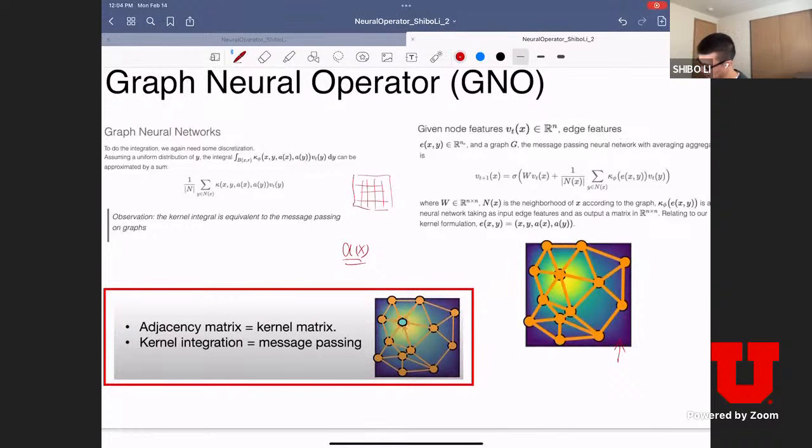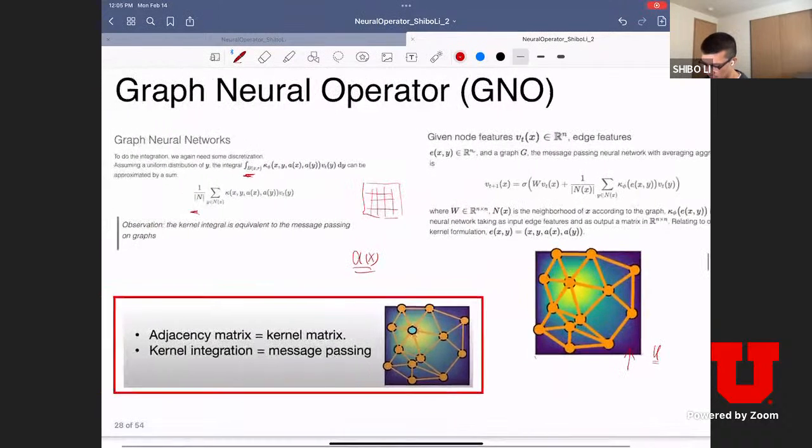You see in this picture, I think the blue picture is the solution of U. I suppose all the hidden layers have the same dimensions, and each of the hidden layers is a graph neural network. The key idea is that we need to restrict the range of searching node neighbors, and this integral can be approximated by the sum of this kernel operation, and V_t here is the node embeddings.